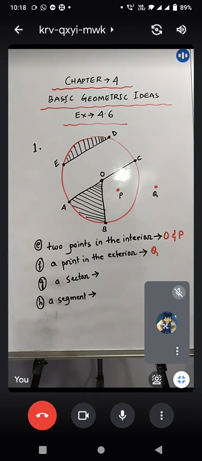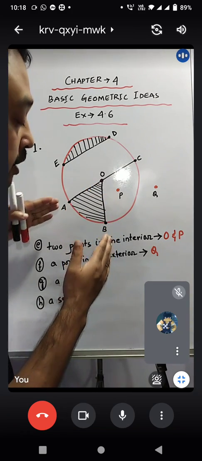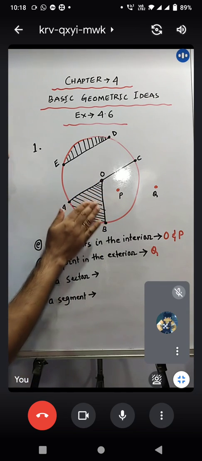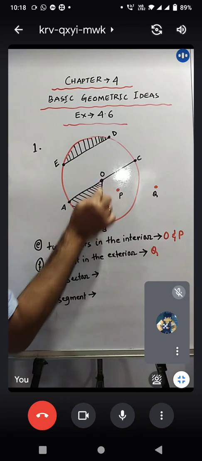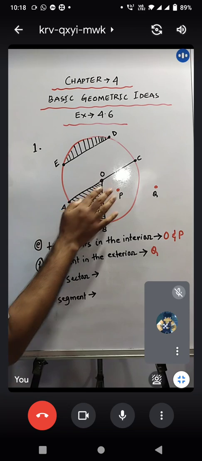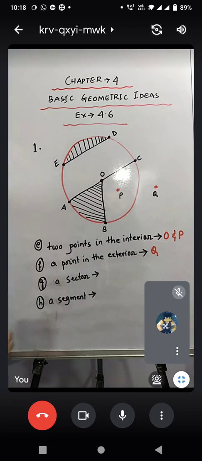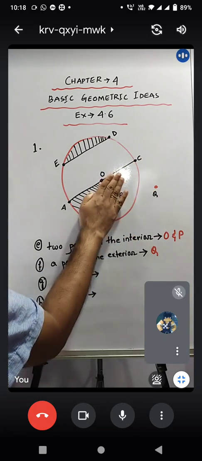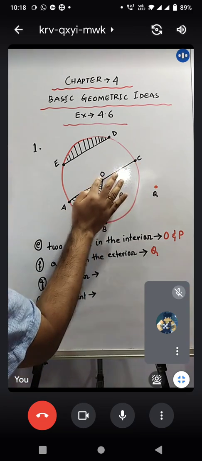Now the next thing that we have to write is sector. Remember that a sector is the area which is surrounded by 2 radii. So these are the 2 radii, OA and OB, and this is the area which is called a sector. This part, OC and ODC, is also a sector, because this area is also a combination of 2 radii.